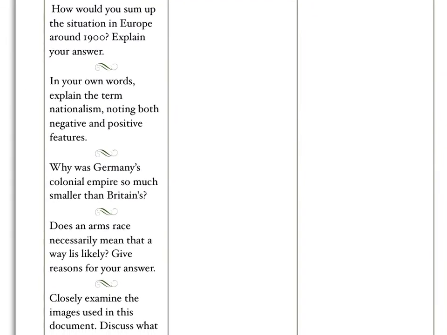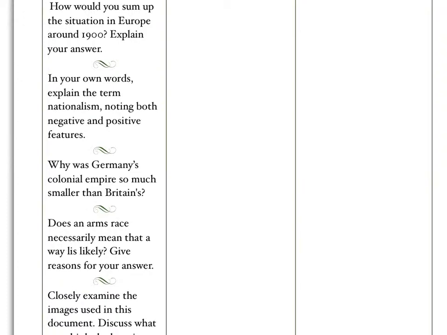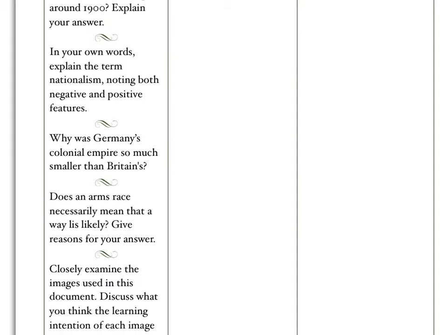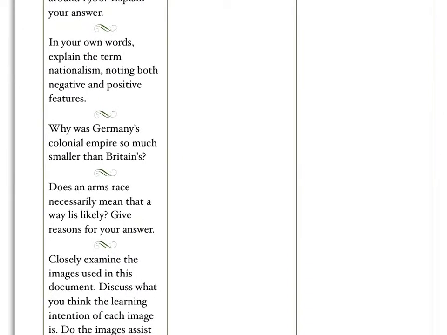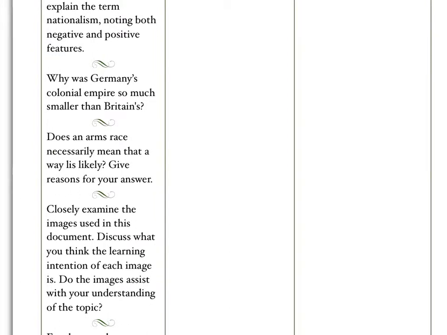In your own words, explain the term nationalism, noting both negative and positive features. Why was Germany's colonial empire so much smaller than Britain's? Next we have, does an arms race necessarily mean that a war is likely? Just give reasons for your answer.